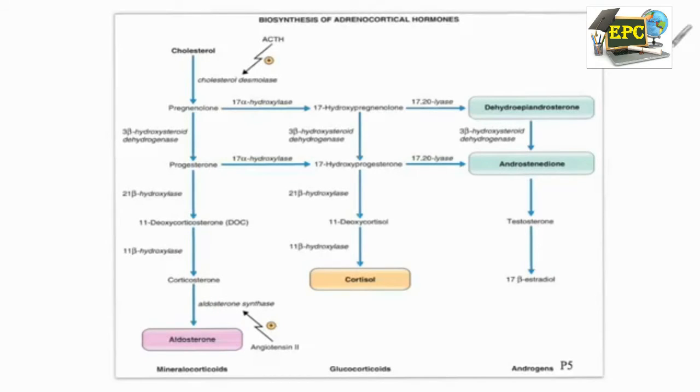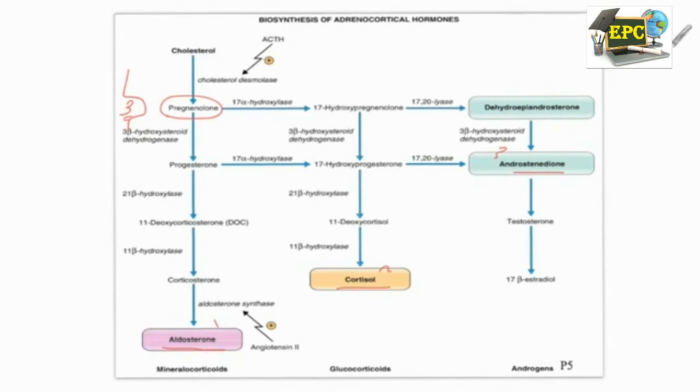We already converted cholesterol to pregnenolone, and this pregnenolone is actually the starting point of the whole 3 pathways. It is easy to think of pregnenolone as a pregnant lady who is pregnant with triplets. Basically these triplets are our 3 main pathways, which will end up producing aldosterone, cortisol, and androstenedione. So 1, 2, and 3, and those are our triplets.